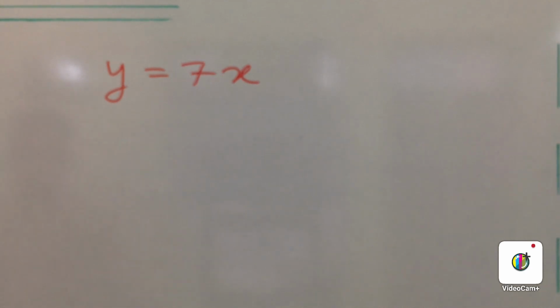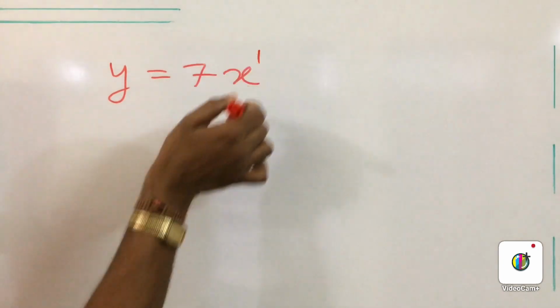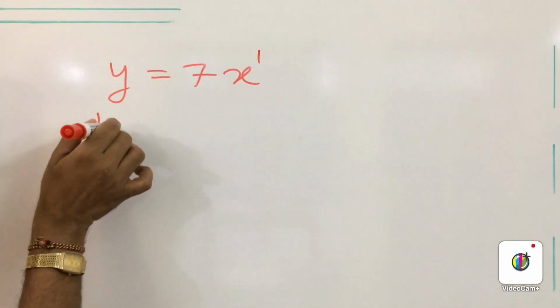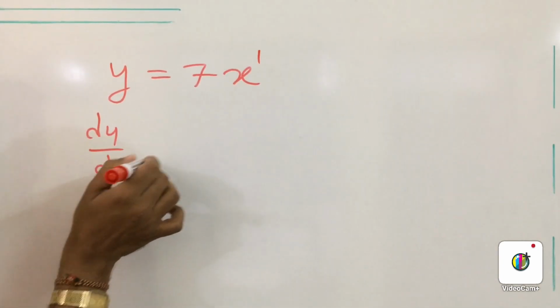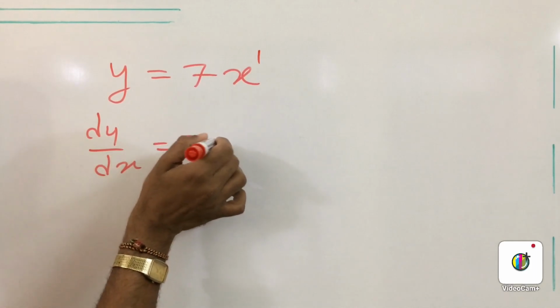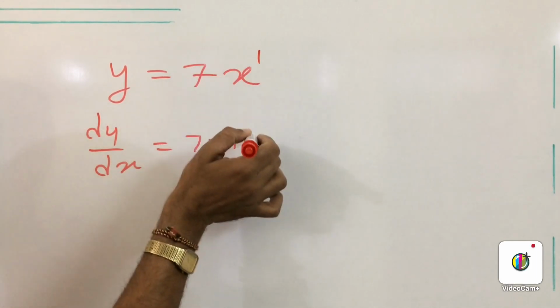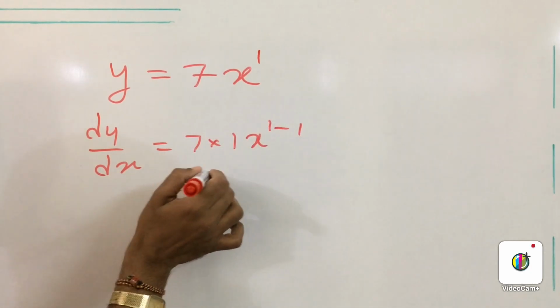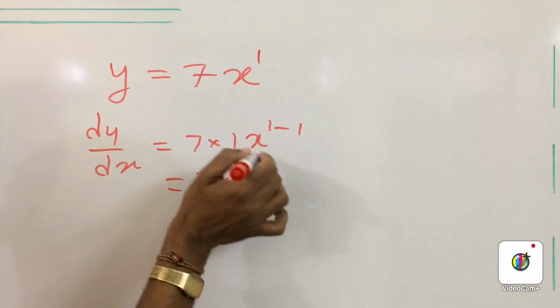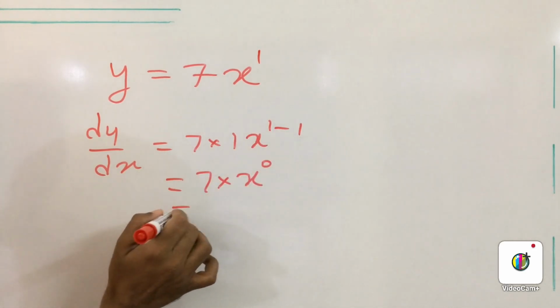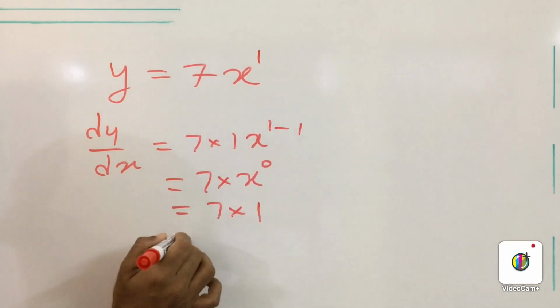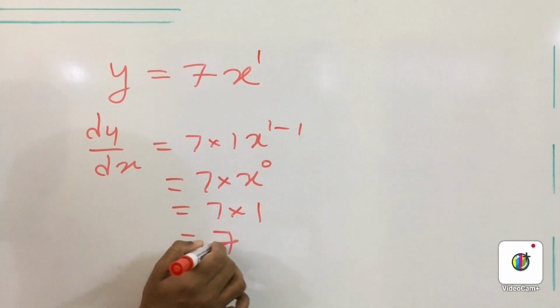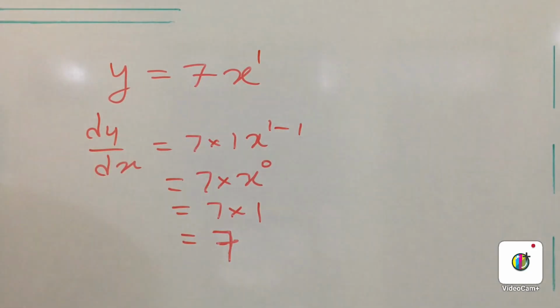Now see this differentiation, y equals 7x, 7x means 7x to the power 1. Therefore dy over dx equal 7 into 1, you take this 1 in front of the x, x to the power 1 minus 1. Therefore 7 into x to the power 0, x to the power 0 is 1, 7 into 1, therefore 7. So when you differentiate 7x, the answer is 7.